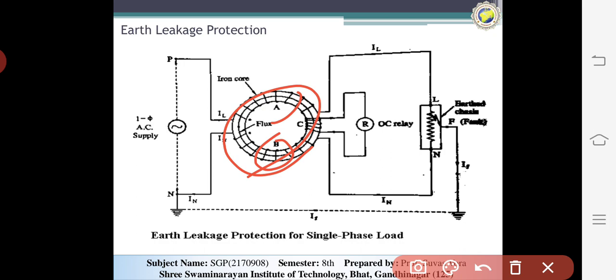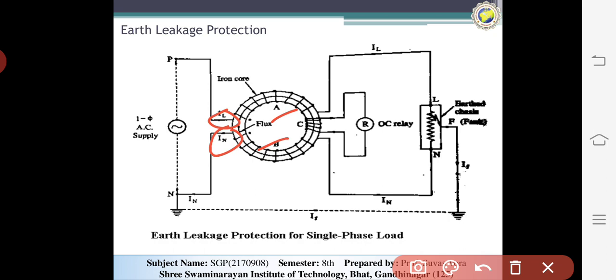The third coil C, called the pickup coil, is also wound on the core and is connected to the trip coil of the relay. The two windings A and B are connected to the live L and the neutral N of the device respectively.